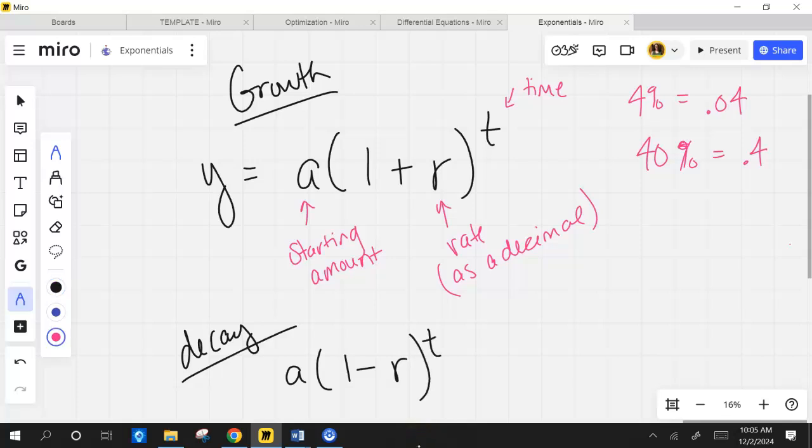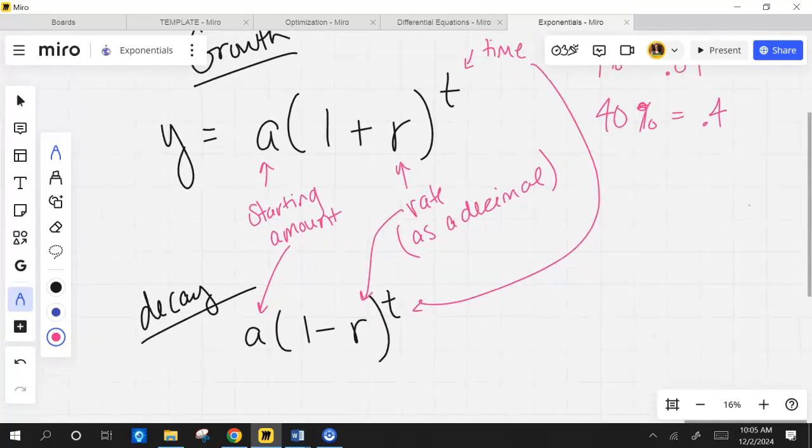Notice that the decay is the same equation. It's subtraction, okay? So if you decay at a rate of 15%, this would be 1 minus 0.15. What can you think of that decays in value over time? A car. Like a car, exactly like a car.